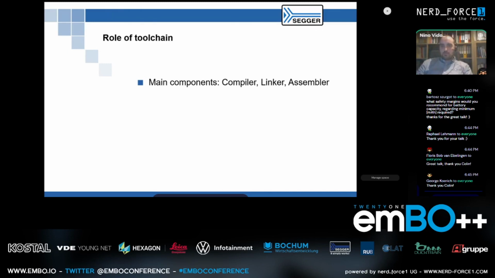With this smart optimization in the linker, for example code deduplication, you can reduce code size even further. But let's talk about two additional components that are usually not in the focus of toolchains, but are very important in this whole complex of a toolchain.